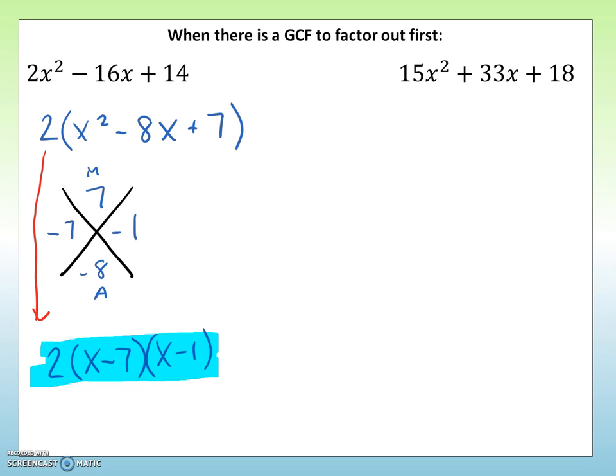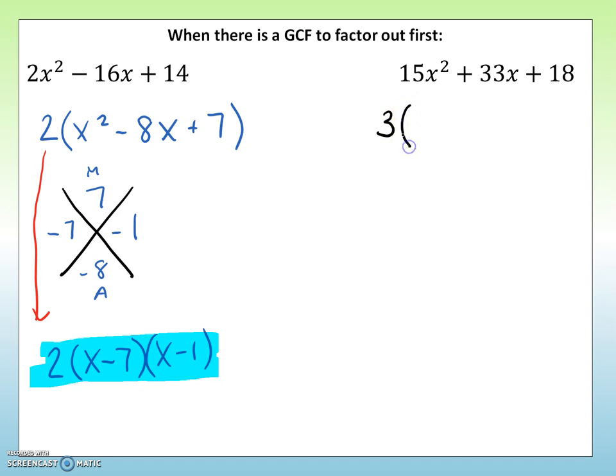Okay, let's try another one. 15x squared plus 33x plus 18. If you notice, our GCF that we need to always factor out first is a 3.